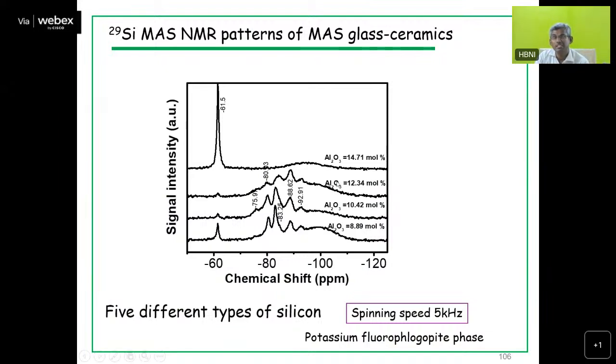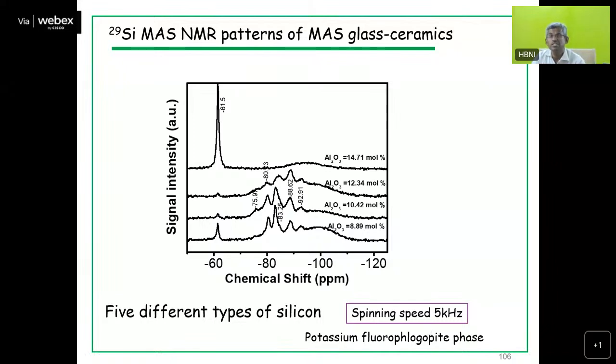For example, a glass with around 10% alumina concentration is giving significantly more amount of a crystalline material called potassium fluorophlogopite, wherein silicon is having 5 different environments. You can see 5 peaks here, 1, 2, 3, 4, 5. These 5 peaks are characteristic of the potassium fluorophlogopite phase, which has a layered structure.